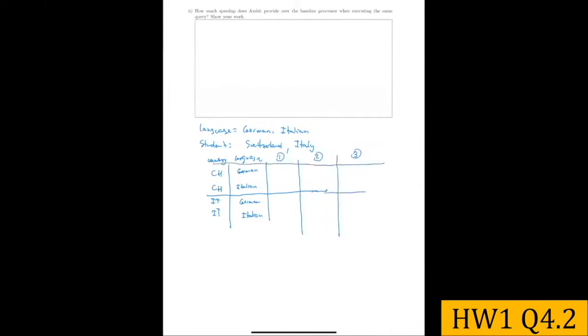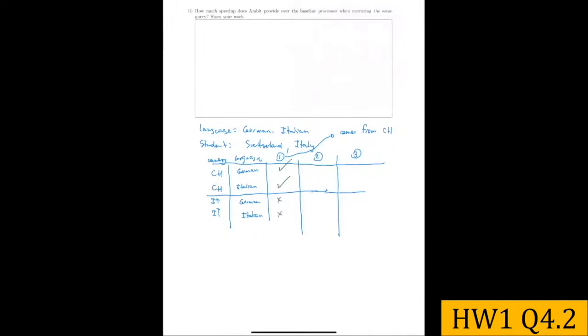The first one is you want to figure out if the student comes from Switzerland. So you are going to want this line over here. This is Italian. You don't want this one.